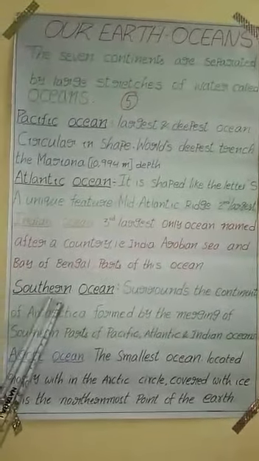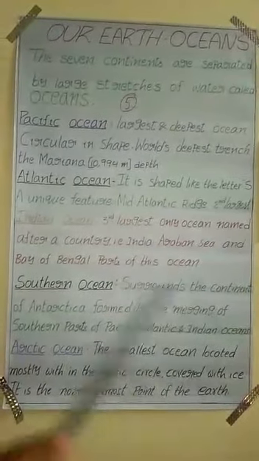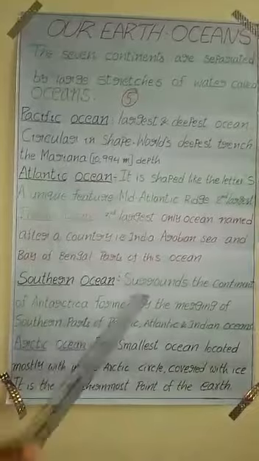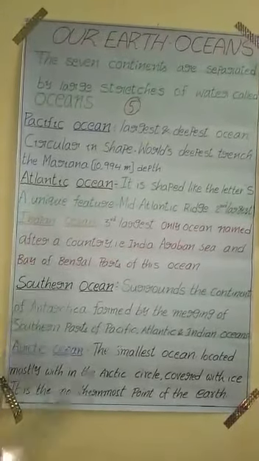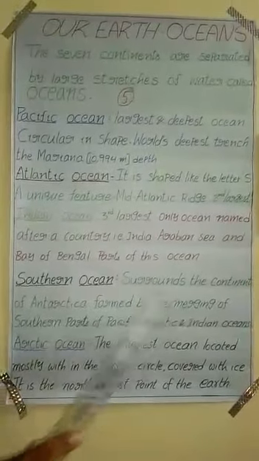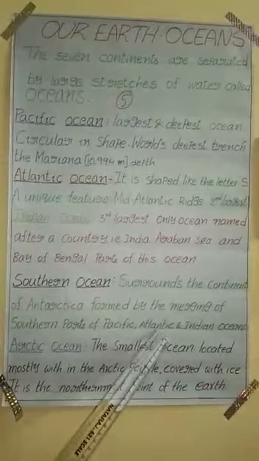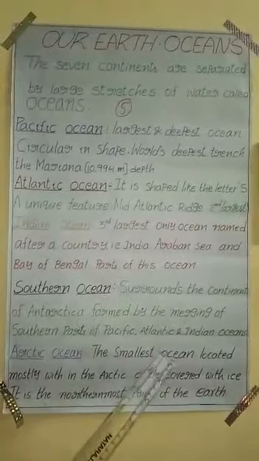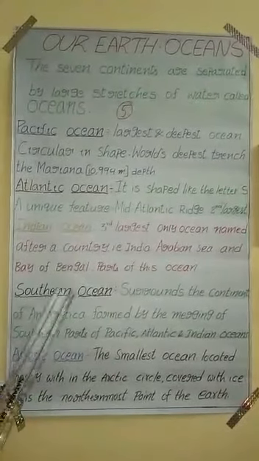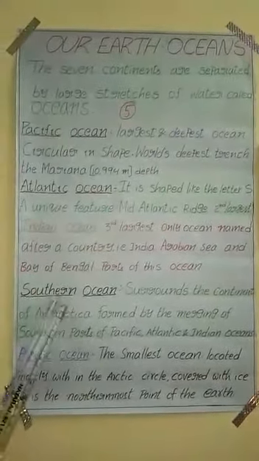So what are the three oceans merged here? Pacific Ocean, Atlantic Ocean and Indian Ocean. These three oceans are merged here. That's why the Southern Ocean was formed. It completely lies in the southern hemisphere. That is about the Southern Ocean.